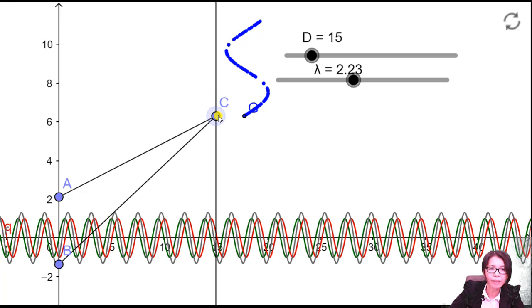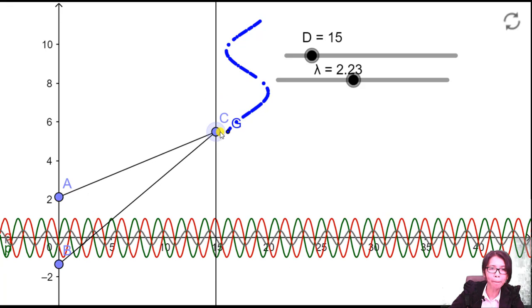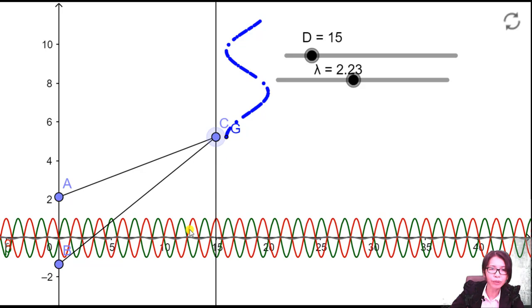You will find there is a point where they cancel each other, where at this particular point they are out of phase and cancel each other. So whether we obtain constructive or destructive interference at a particular position depends on the path difference between the two light sources when they meet at that point.